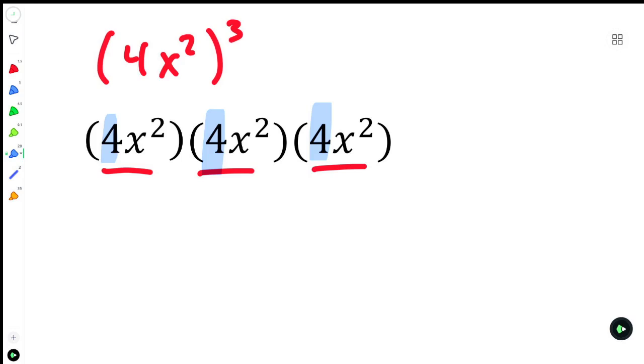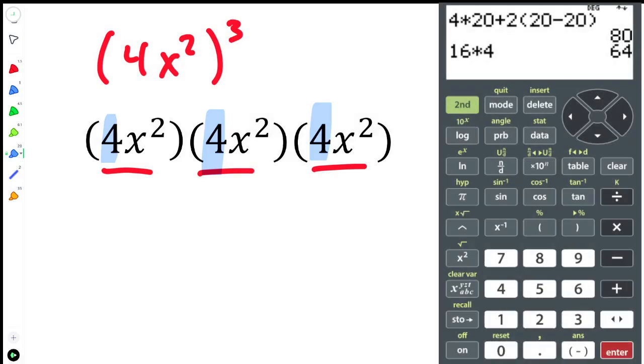And I've got 3 4s as factors, right? 4 times 4 is 16, times another 4 is 64. 16 times 4 is 64. Yes, I literally just typed that into my calculator to verify. So I've got 4 times 4 times 4, which is 64.